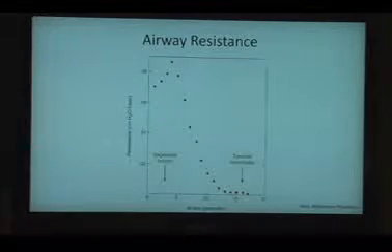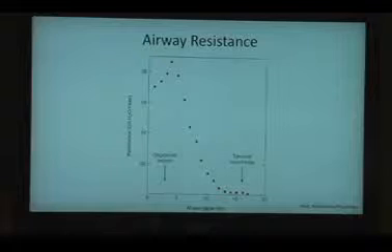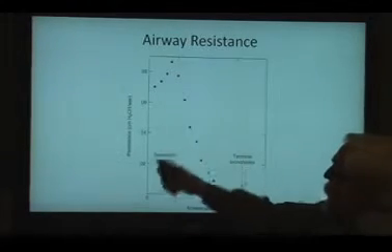Now back to airways resistance. So where is most of the resistance to flow as we breathe in? So we take a breath in, that requires pressure. Is that pressure primarily due to resistance in the large airways or the small airways? Well, this slide answers that question.